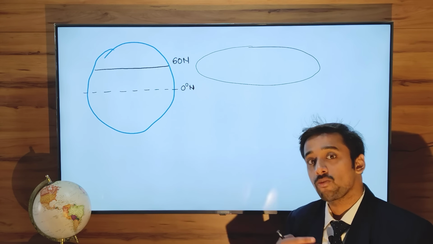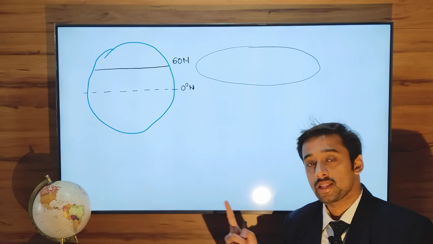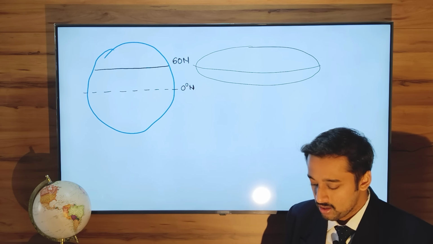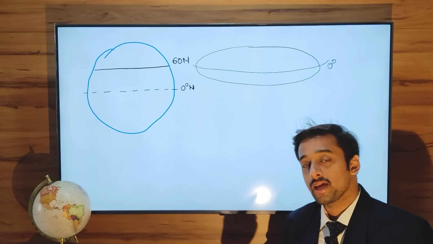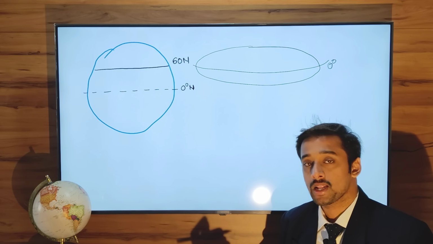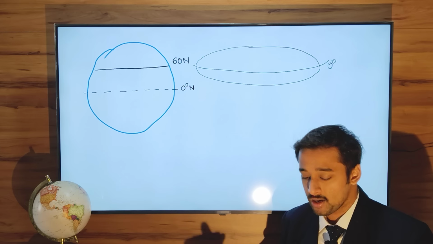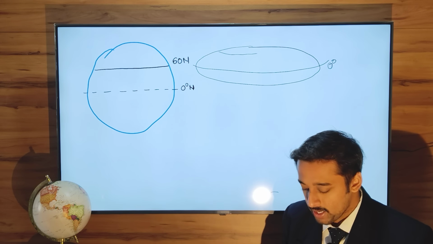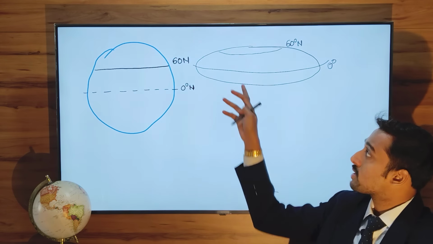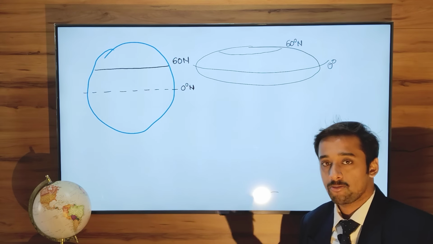So the distance that you will cover when you travel 360 degrees around the earth along the equator will definitely be more than the distance that you will cover when you travel 360 degrees around the earth at 60 degrees north latitude, because of the unique shape of the earth.